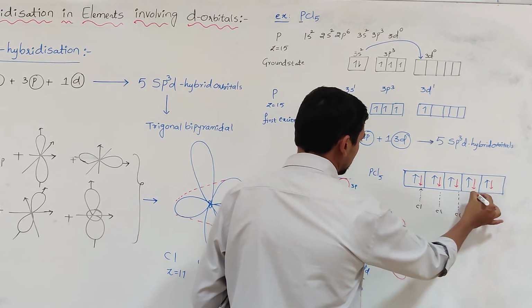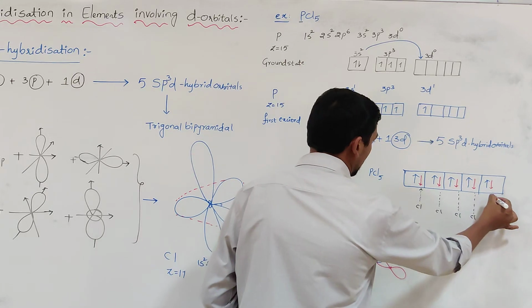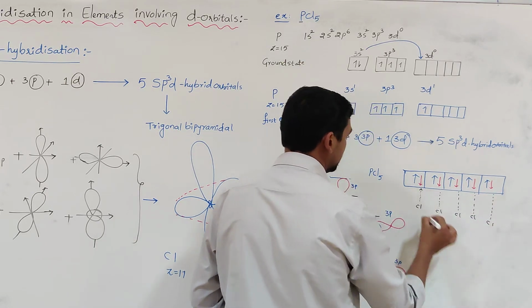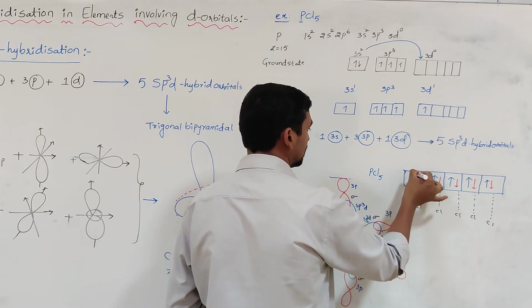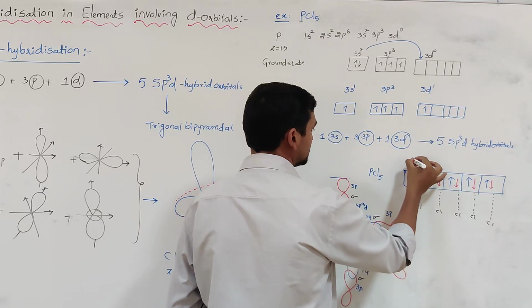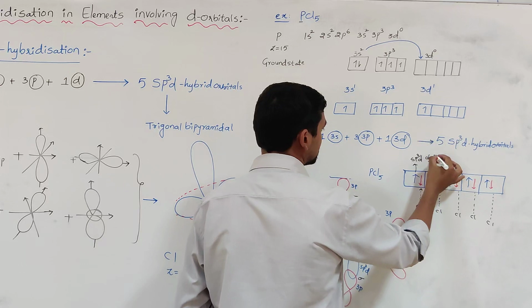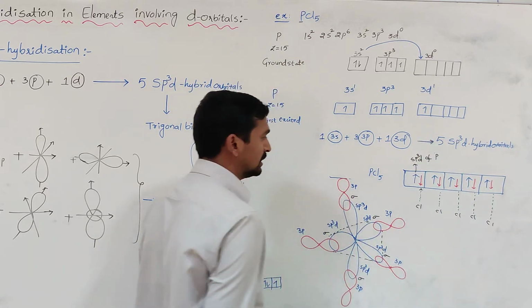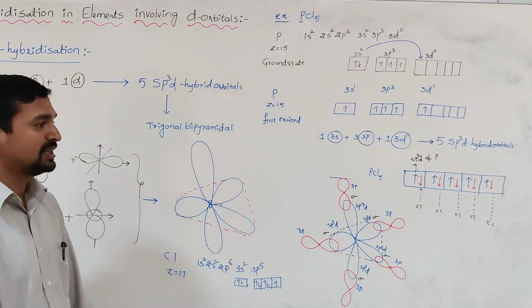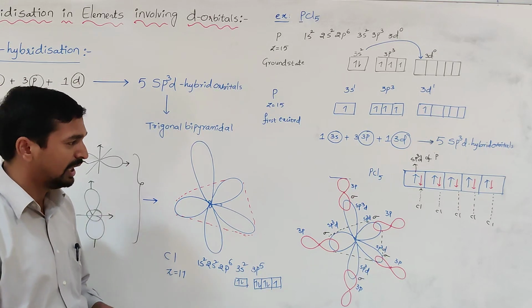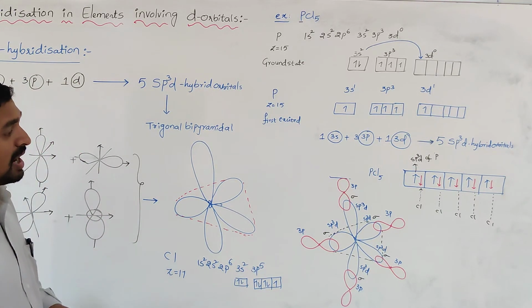This is from chlorine, this is also chlorine, and this is from chlorine. Now this blue represents the sp3d hybrid orbital of phosphorus that contains an electron. Like that, the formation of PCl5 takes place, which we can show in a box diagram.